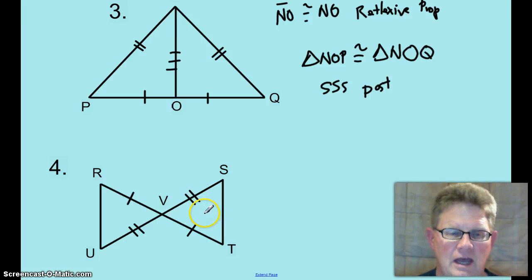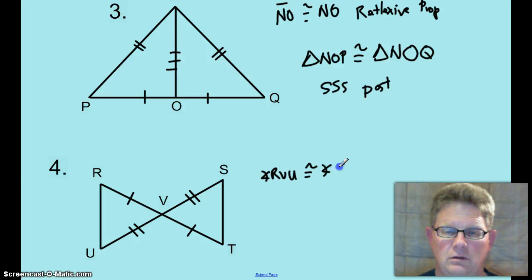Sometimes we're going to have to look again at the triangles and see if there's any other information we can find out. And I think the first thing that we would like to say is that angle RVU is congruent to angle S. Nope, that would actually be TVS using the vertical angle theorem.